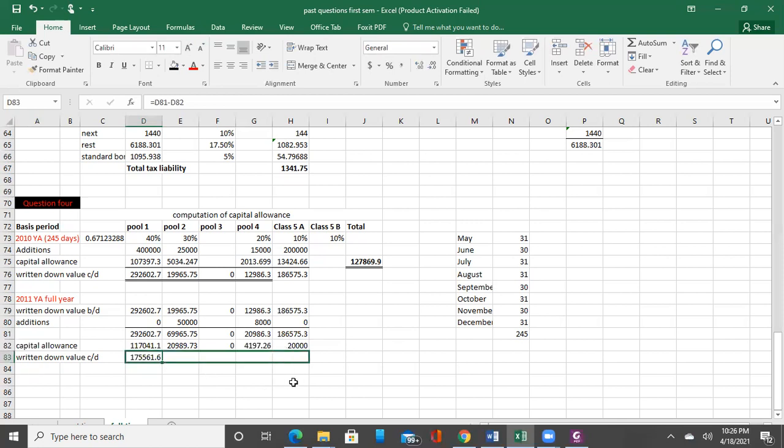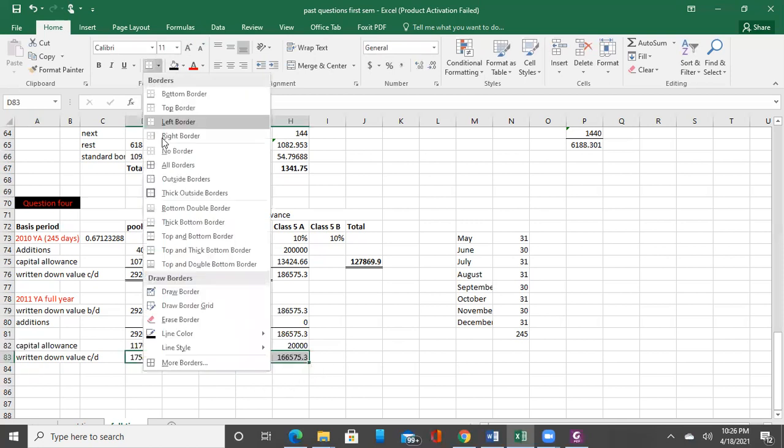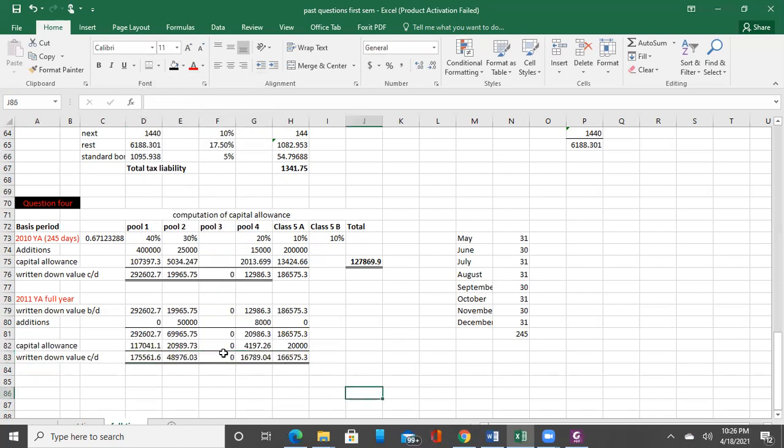Then total. So this is your written down value carried down for the 2011 year of assessment. Then total your capital allowance for the year.